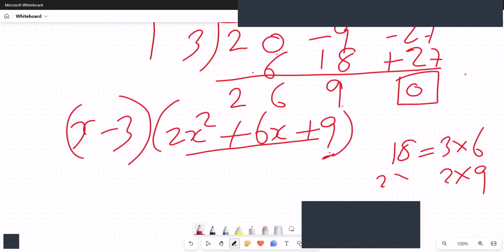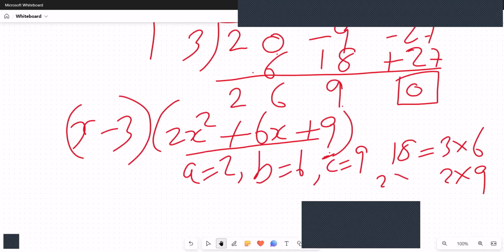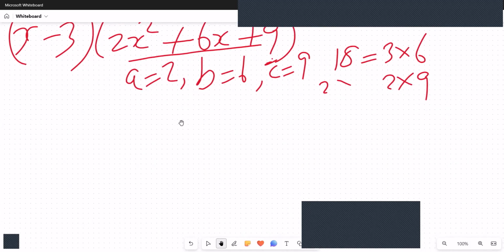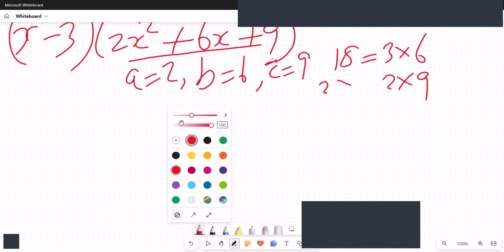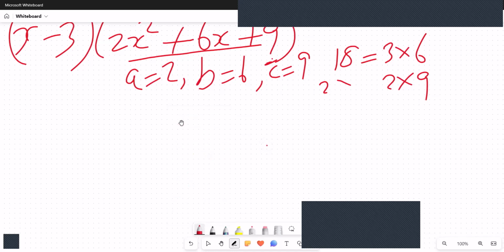So A is 2, B is 6, and C is 9. Okay, so that is the equation. I want to use the quadratic formula. Before I use the quadratic formula, I like to find the discriminant. I like to know how the discriminant looks. It helps a lot, so you don't have to waste your time solving an equation when it is imaginary.